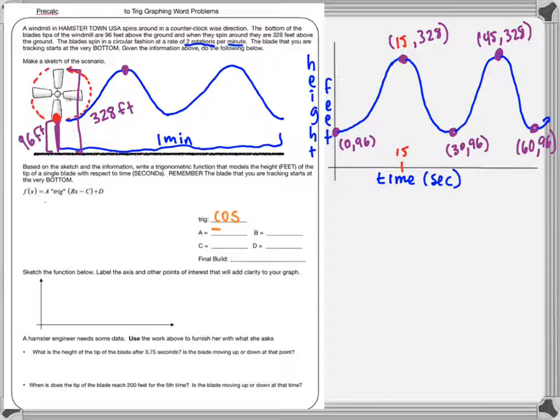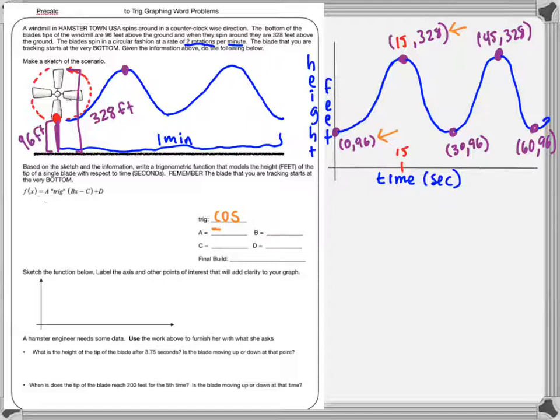Now we need to find the magnitude. The way we find that is we can just subtract the minimum from the maximum, and then divide by 2.